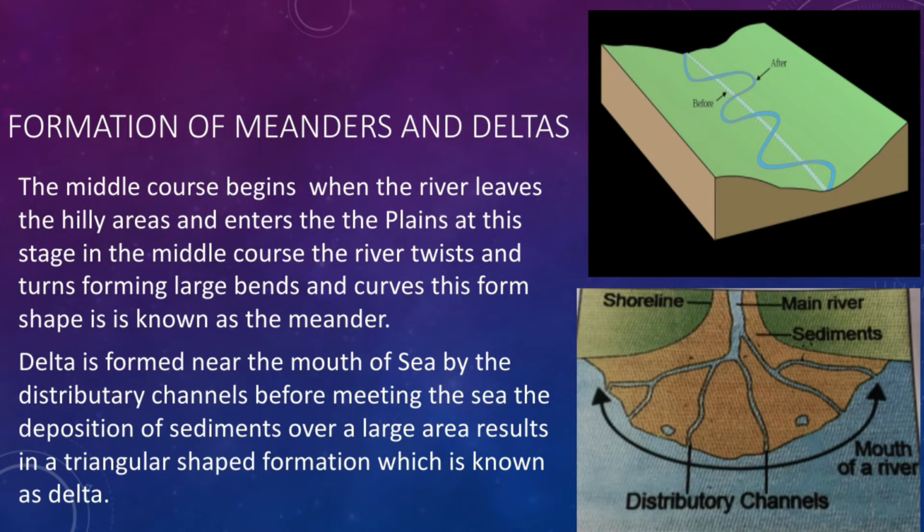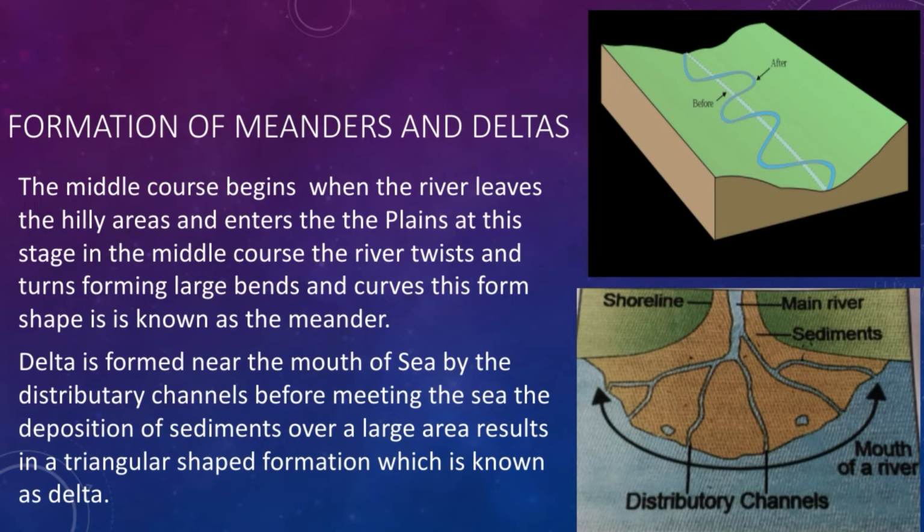Now in the second picture, we are able to see the distributary channels. So the picture given is the picture of delta. Let's know what is delta. Delta is formed near the mouth of the sea by the distributary channels.